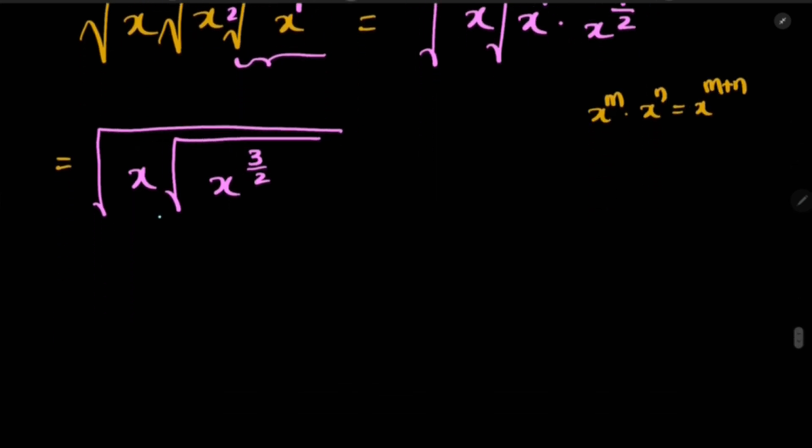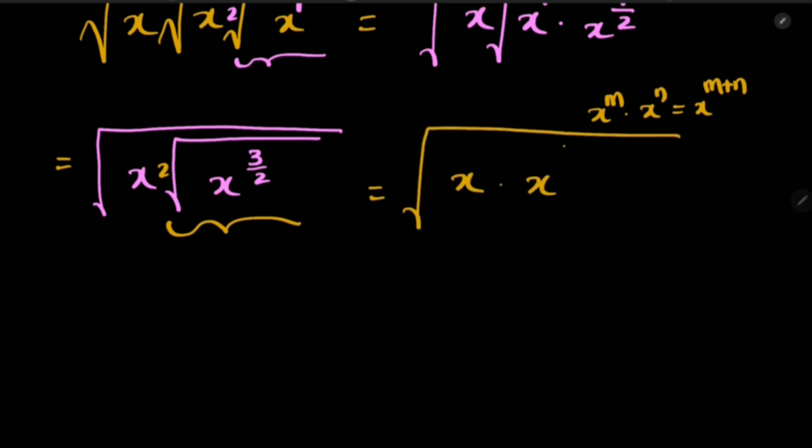Now again when we are looking into this term, this is the second root and we can write this expression as square root of x, x to the power 3 by 2 divided by 2, that is we can write it as multiply with 1 by 2.